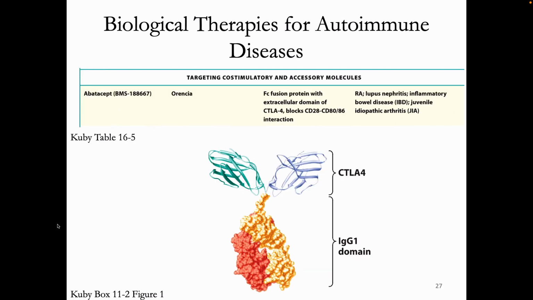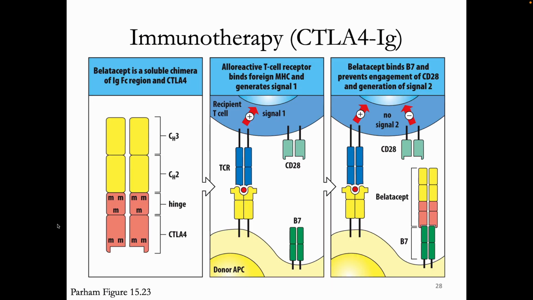We can also see CTLA-4 Ig, the same molecule I showed you before, where we have the extracellular domain of CTLA-4 bound to an antibody IgG domain, which will block the CD28-B7 interaction. And you can see this here.